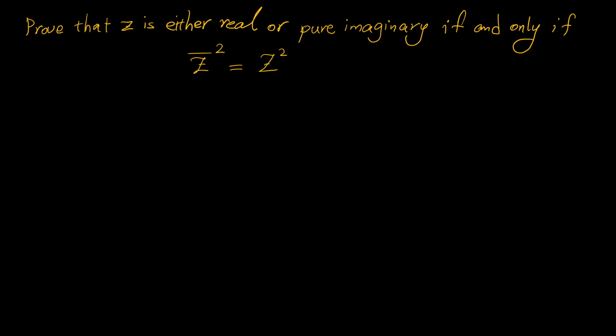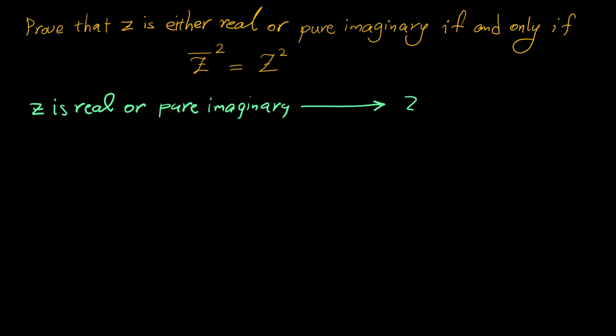This is an if and only if statement. When you have an if and only if statement, you have to prove two things. So we want to prove that if z is real or pure imaginary number, then z conjugate to the 2 is equal to z to the 2.